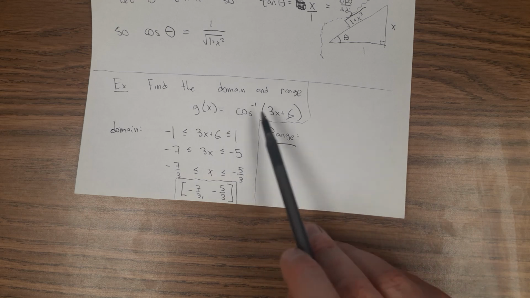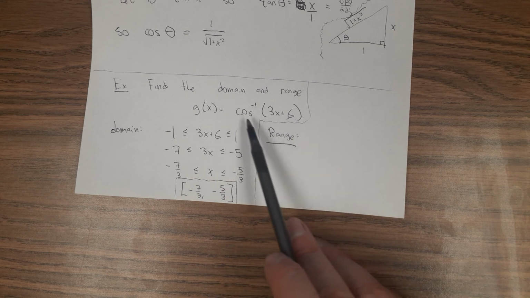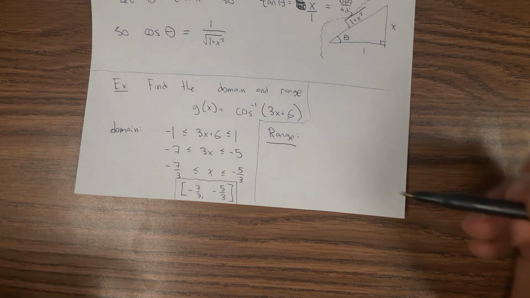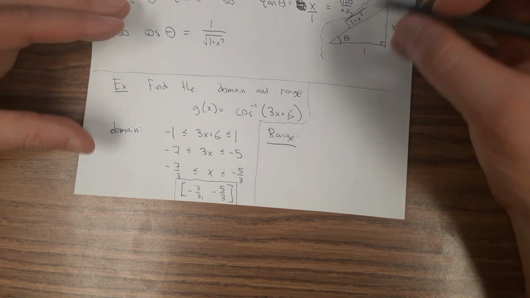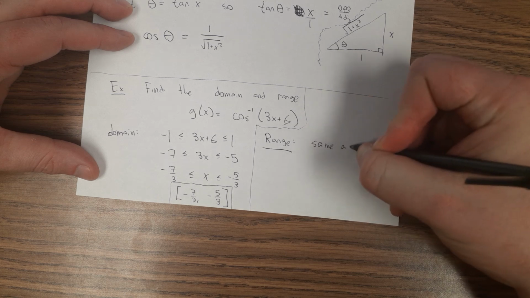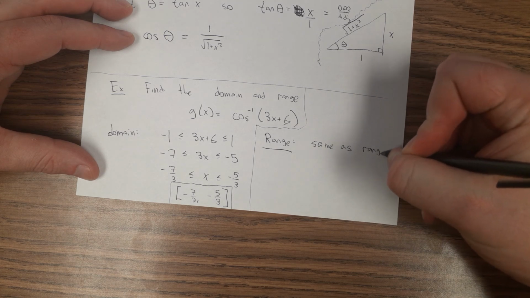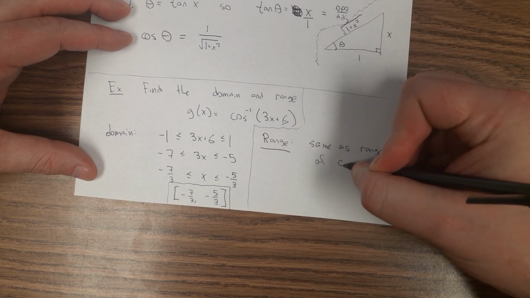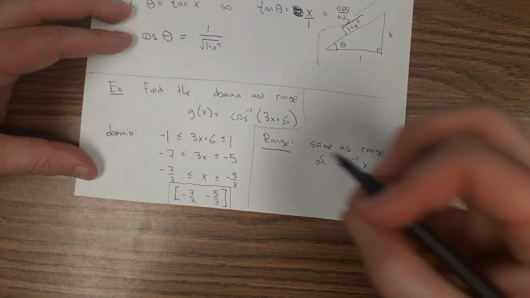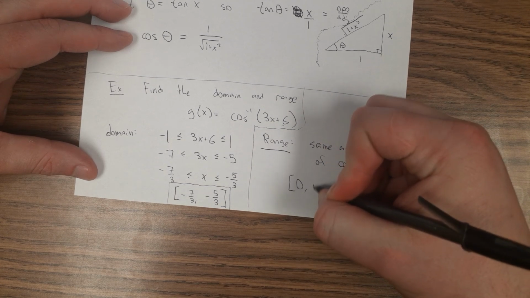So the set of values that this can take is really just the set of values that arc cosine can give us. In other words, it's just going to be the same range as just arc cosine of x, which is 0 to pi.